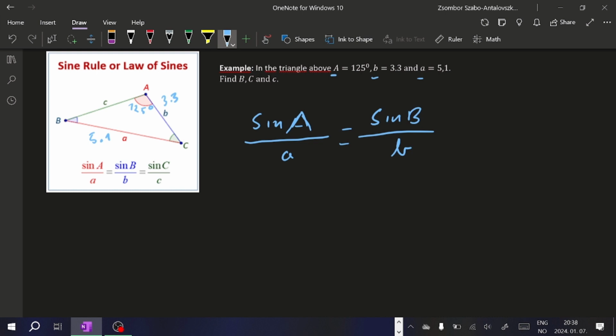Now you can substitute values. So first of all, sine of 125, and a is 5.1 and b is 3.3.